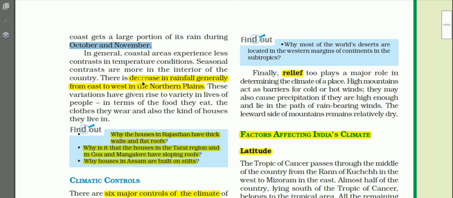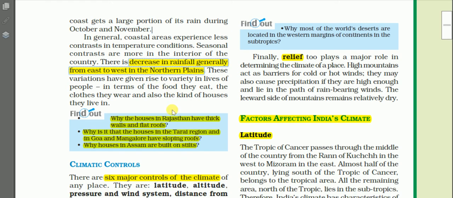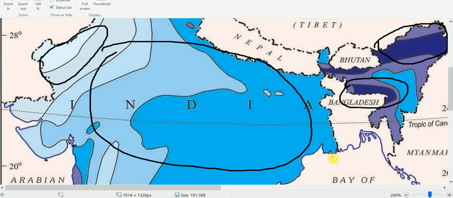And there is a decrease in the rainfall generally from east to west in the northern plains. Just see here, we have the map. In the northern plain, the amount of rainfall decreases as we move towards the west.